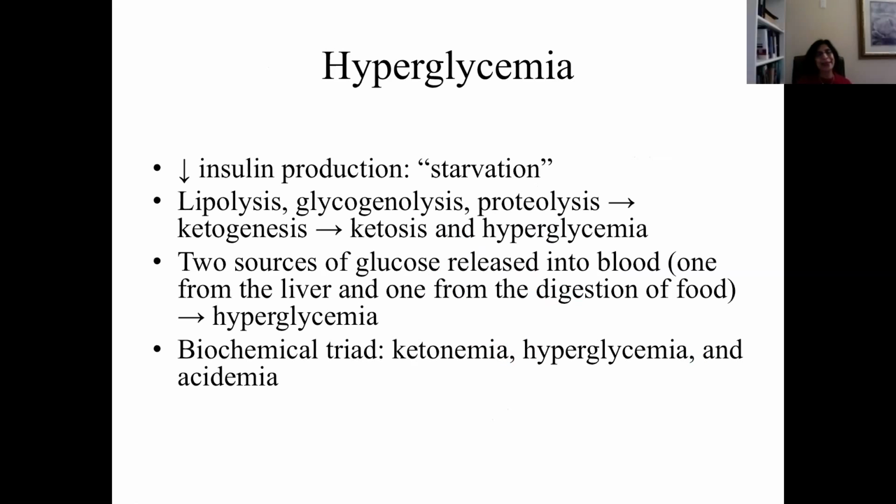Okay, now we need to understand some chemistry. Yes, there is quite a bit of biochemistry here, unfortunately or fortunately. Let's see how we make it simpler. In type 1, we know that insulin is not produced in sufficient amounts.